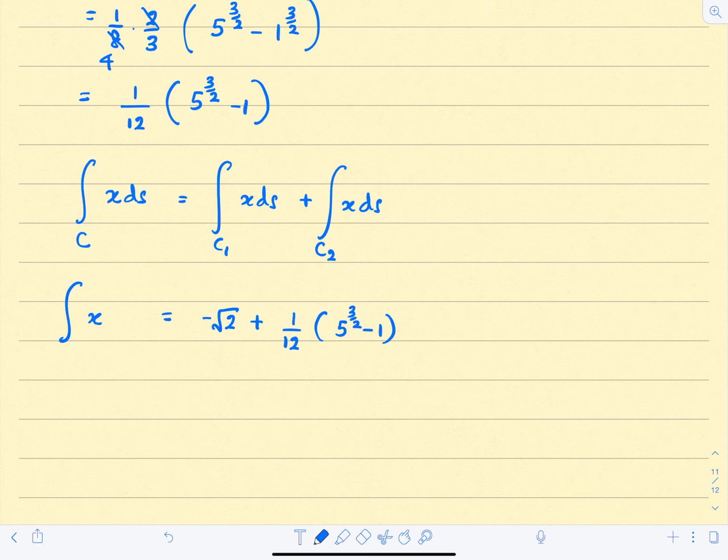This is the value of the line integral over the curve C, where curve C consists of two curves. C1 is the line that goes from negative 2 comma 2 to 0 comma 0, and then C2 corresponds to the parabola that goes from the origin to the point 1 comma 1.